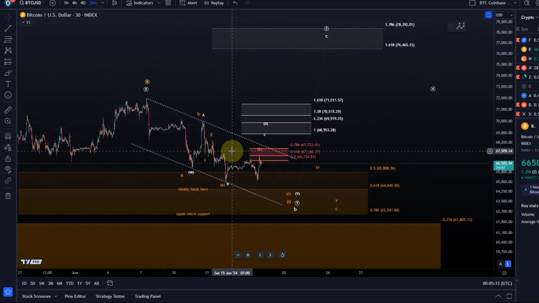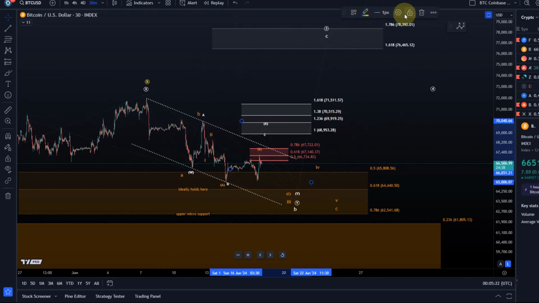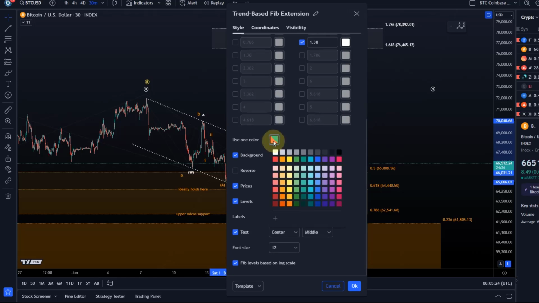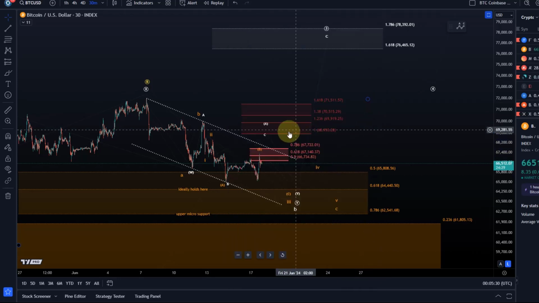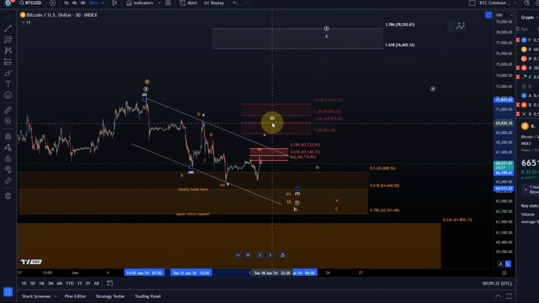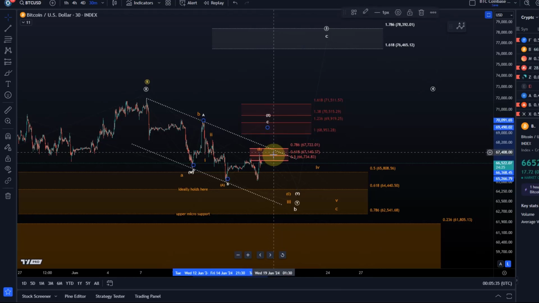I think we face some resistance here, either in the red zone or the resistance area above. Maybe I should change the color here as well to red. So that's the upper resistance area.